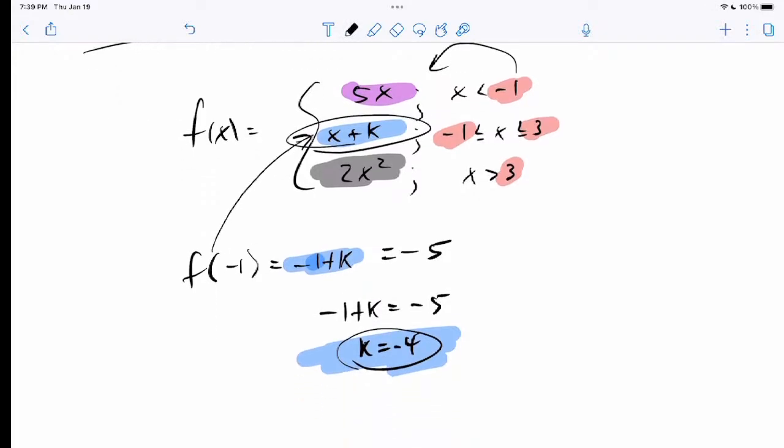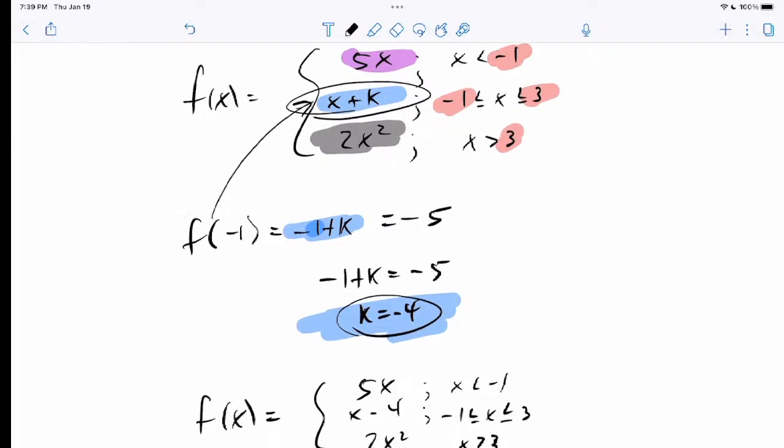But if k equals -4, my function now looks like 5x, x minus 4, and 2x squared. It has to be the case that x is less than -1, -1 is less than x is less than or equal to 3, x is greater than 3.